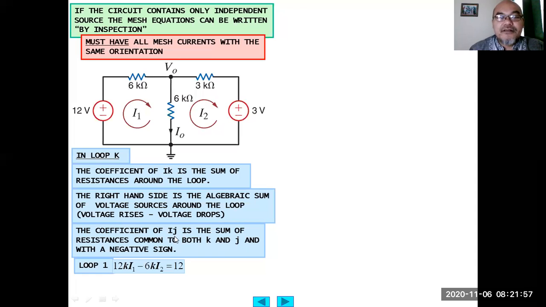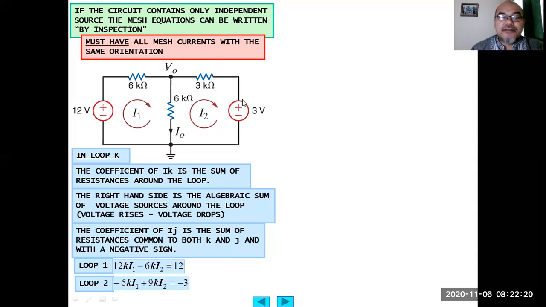So the coefficient of Ij is the sum of resistances common to both K and J, with a negative sign. So here, the I2 will have a negative sign because it goes opposite to the first loop.